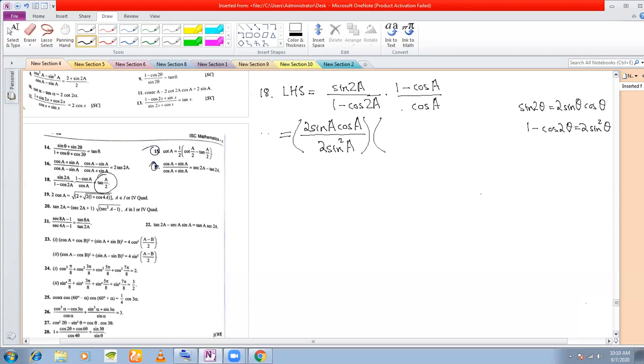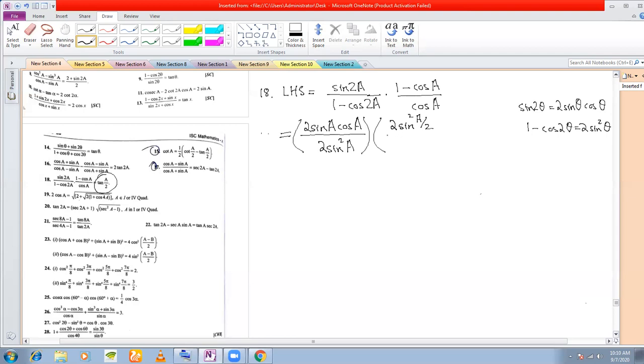The next part here is 1 minus cos a by cos a. See that on the right hand side you have a by 2. So 1 minus cos a can be written as 2 sine square a by 2, right?